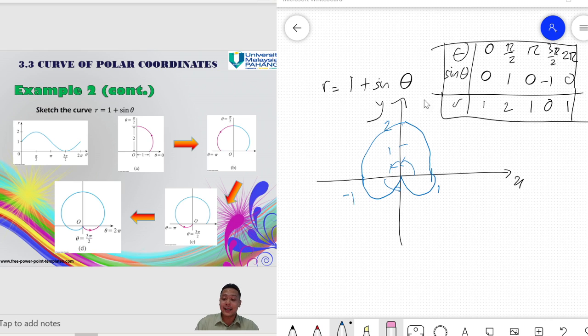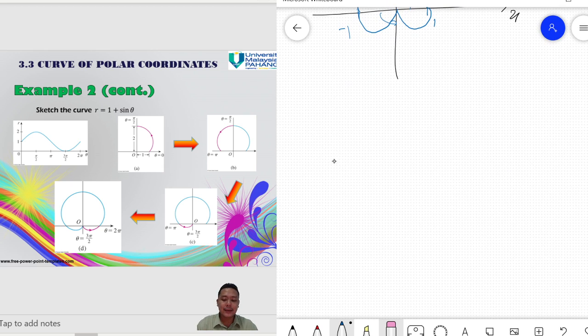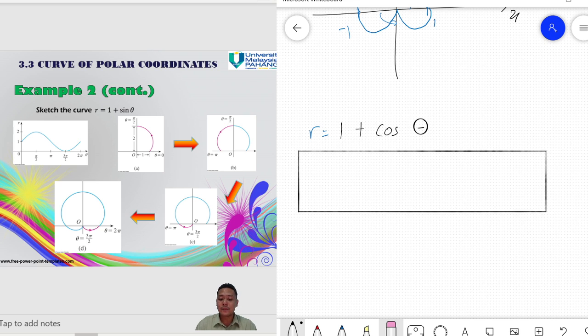Okay, let me show you the case of 1 plus cos theta. For this particular case, I would like to challenge my students to plot it. We try theta 0, pi over 2, pi, 3 pi over 2, and 2 pi.